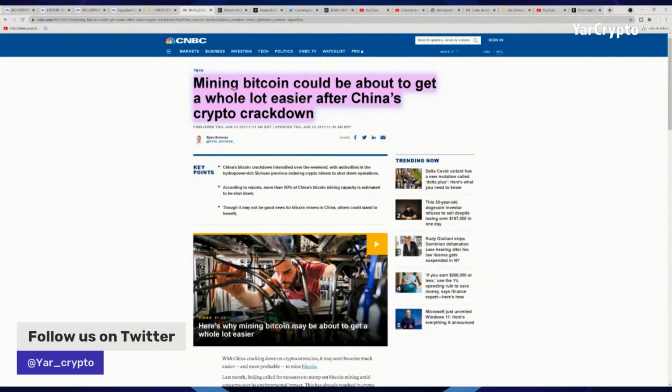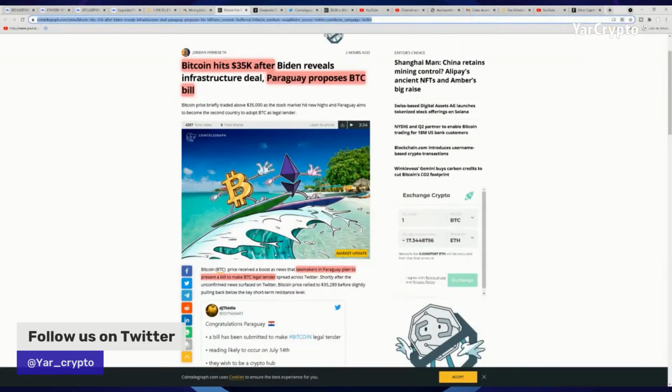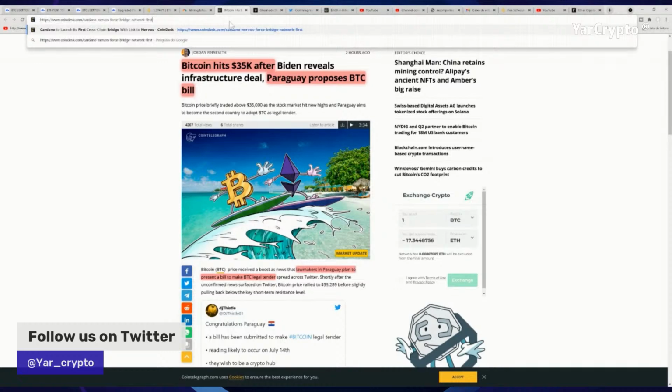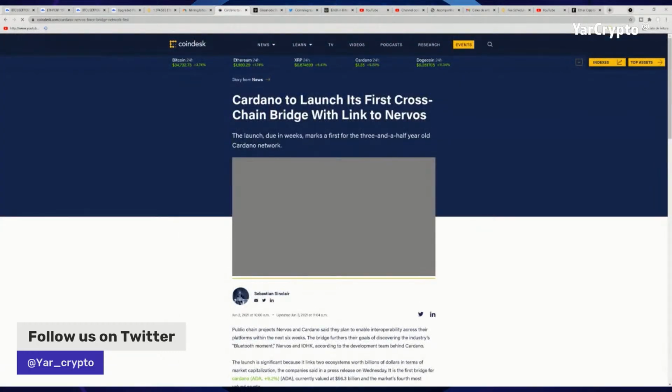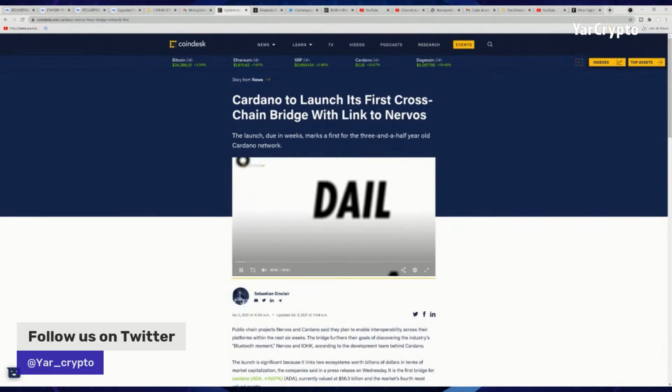And talking about Cardano, actually, I have something here. There's not much going on right now. One thing I saw today is that they are launching some cross-chain bridge to Nervos.